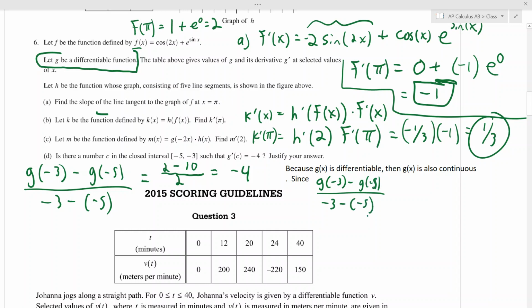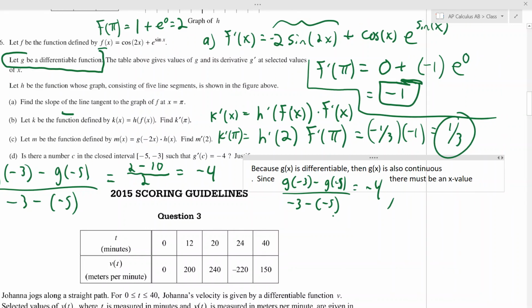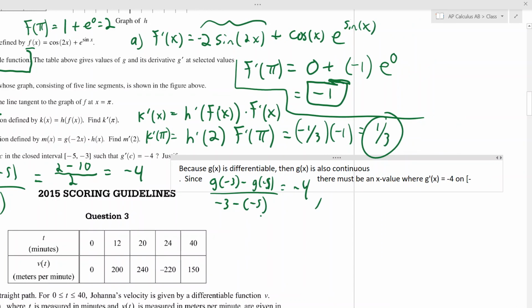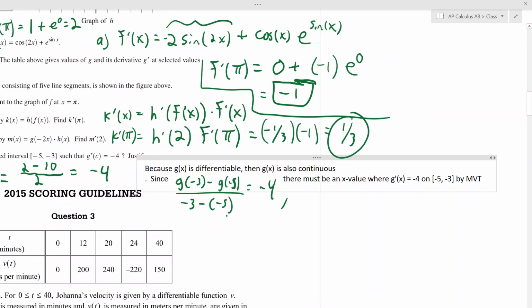But since this is negative 4, since that happens, there must be an X value where G prime of X equals negative 4 on the interval that was specified, negative 5 to negative 3, by MVT.